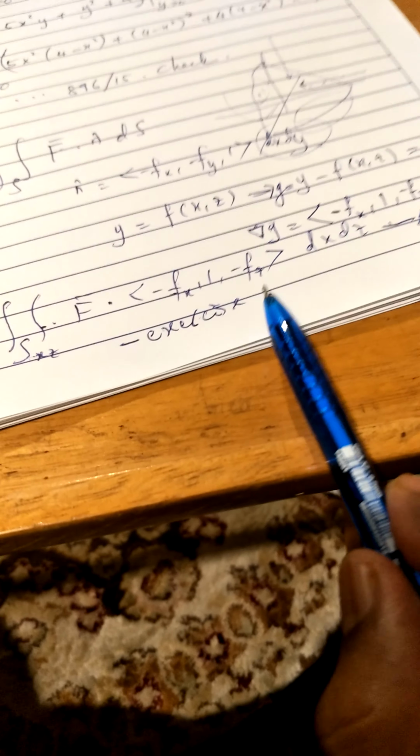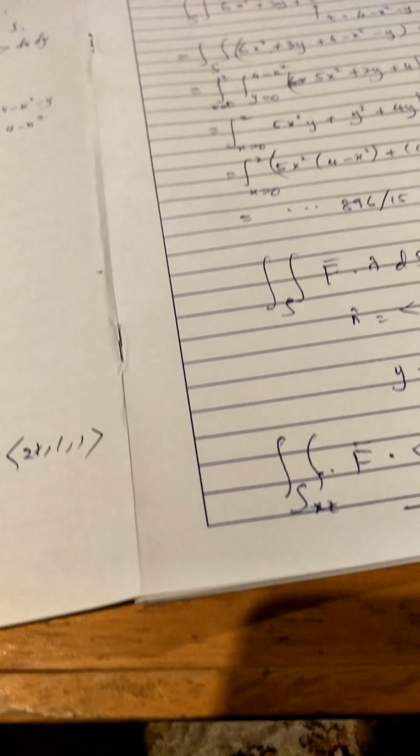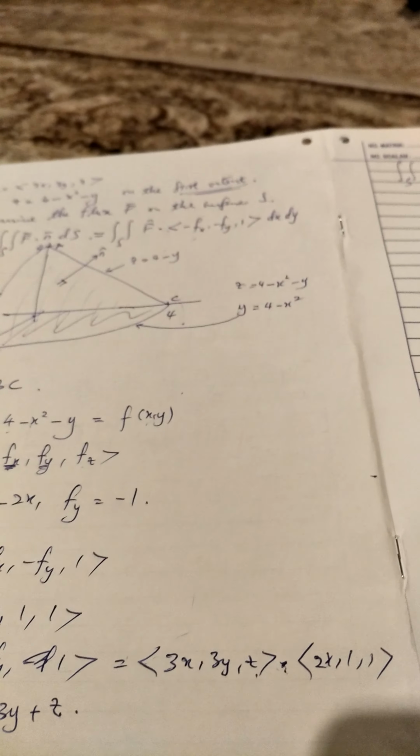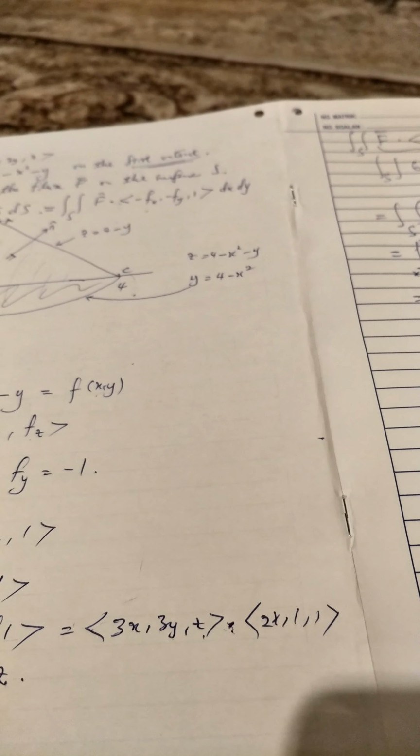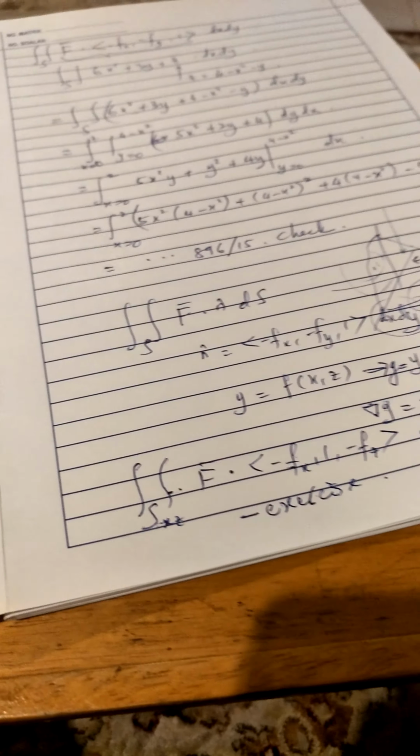You get 1, negative fy, negative fz. So I want you to write that properly, and also do that problem, but project on the YZ plane. So I leave two exercises for you.